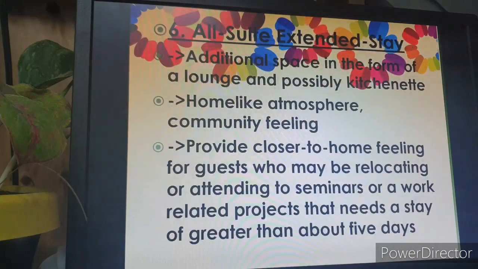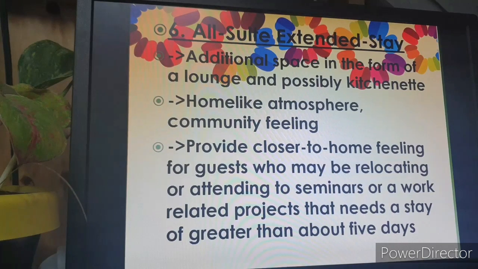Next in line, number 6, all-suite extended stay, with additional space in the form of a lounge and possibly a kitchenette. It has a home-like atmosphere, a community feeling. All suite means a suite room. It provides a closer-to-home feeling for guests who may be relocating or attending seminars or work-related projects that need a stay of greater than about 5 days.